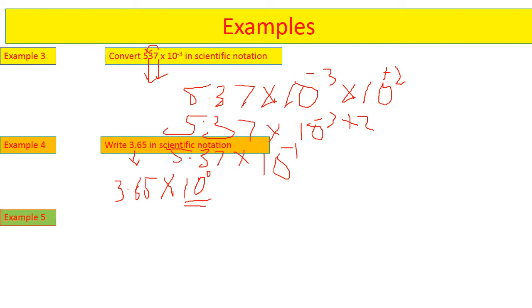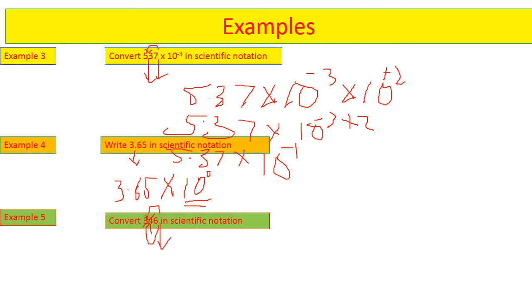Let us take another example. In this example, the decimal point is here. According to the first condition, this decimal point should be here. So we move this decimal point 2 digits from right to left.